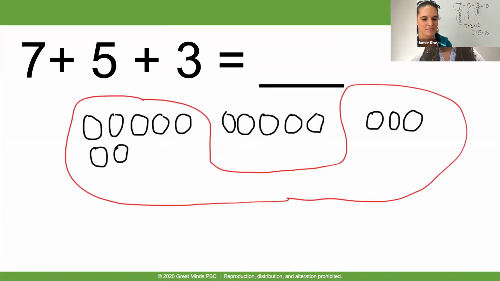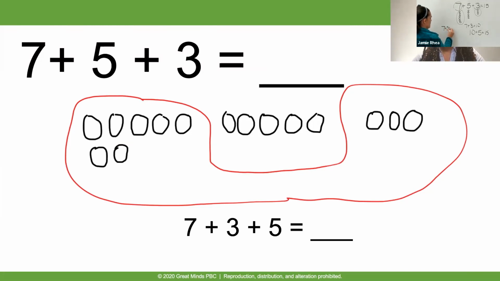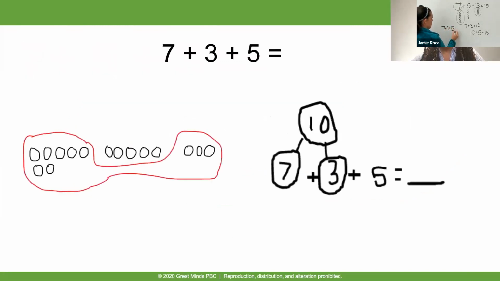Our new number sentence to show what two numbers we added first would be 7 plus 3 plus 5 equals something. Let's show in a number bond what two numbers we used to make 10. Go ahead and do it on your personal whiteboard. 7 and 3 to make 10.